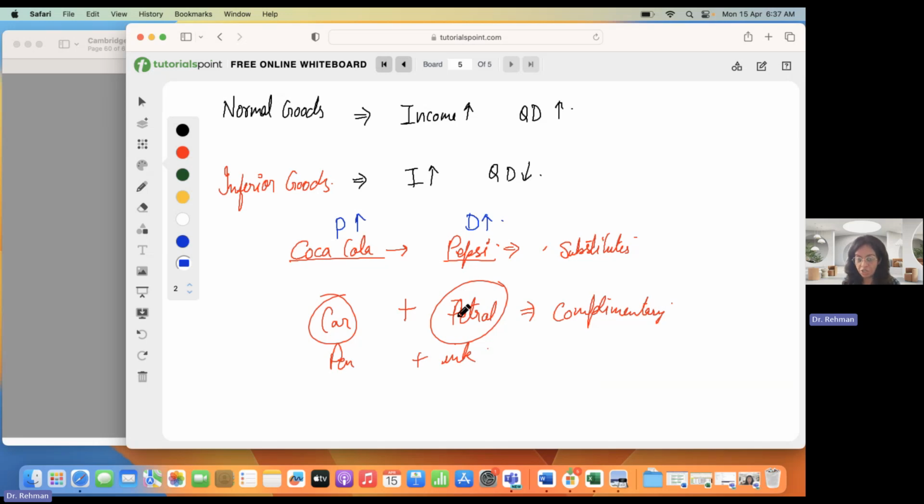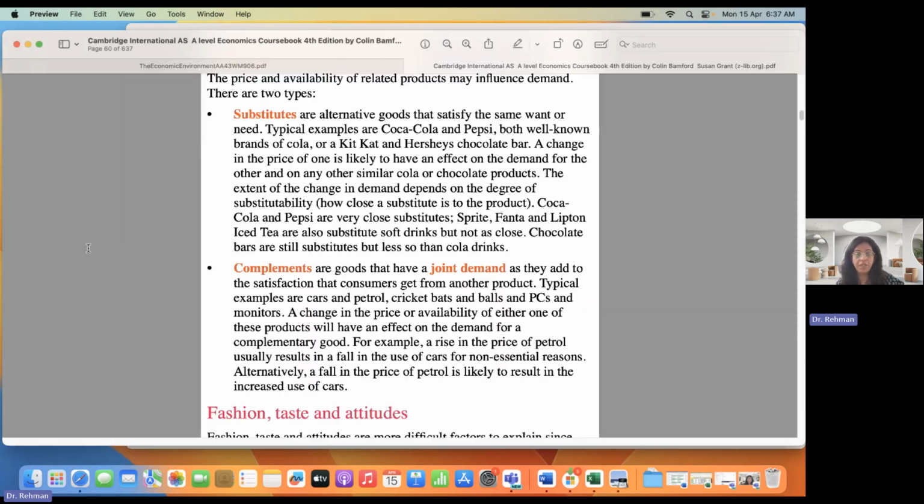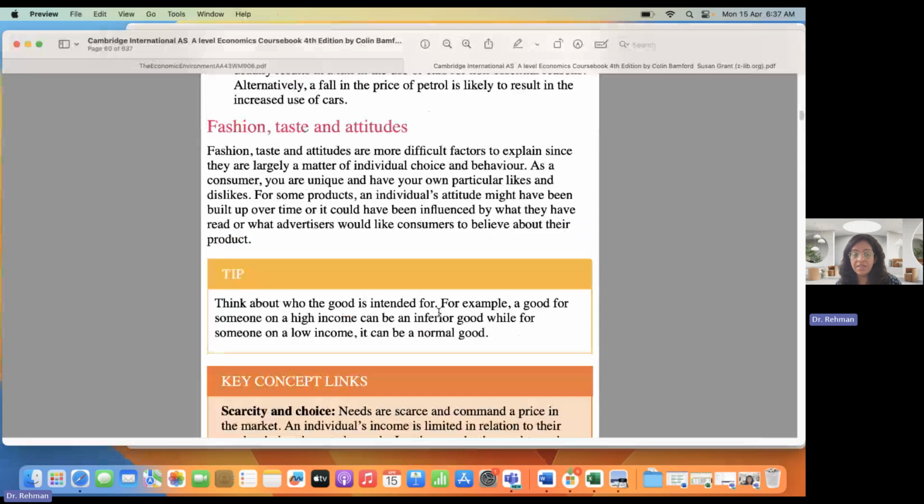So there is a direct relationship between the two. On the other hand, if cars become expensive, people buy fewer cars and hence they also demand less petrol. Opposite relationship, or negative relationship, in case of the second. All right, so you can read about this.